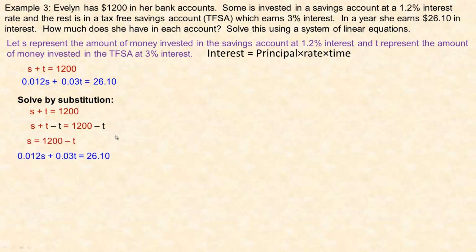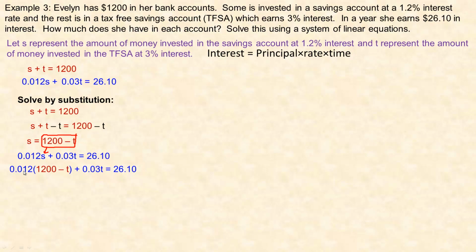So let's write the second equation. And then just like before, this is what S equals, so that's going to go in place of S right there. So we'll rewrite the second equation, and 1,200 minus T substituted in place of the S, plus the 0.03T equals 26.10.